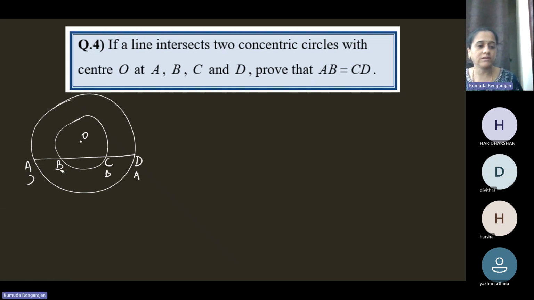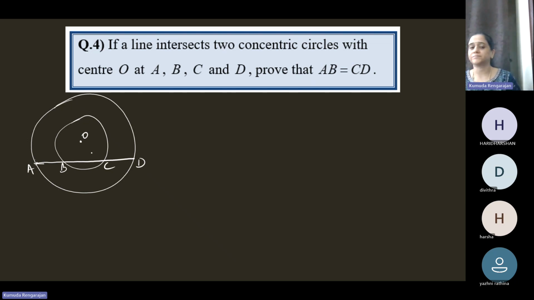Because when you draw the line, how does it enter the circles? When you start here, it touches this circle, then here, then here, and then here, right? So that order, A, B, C, D.